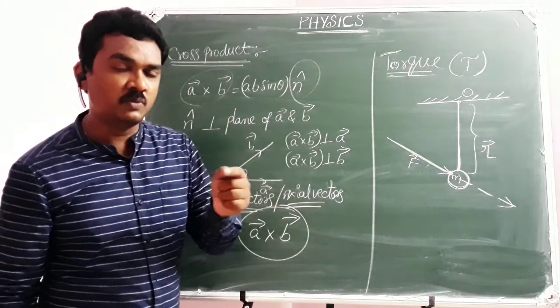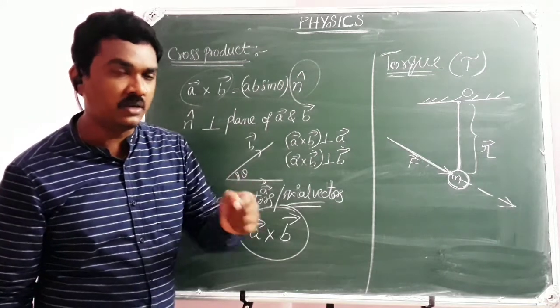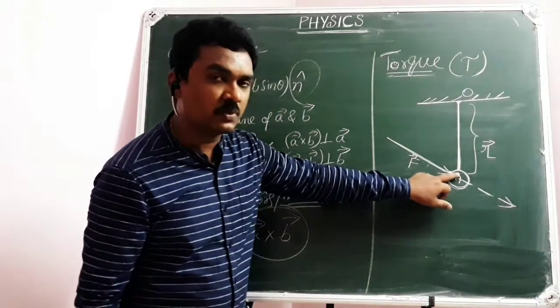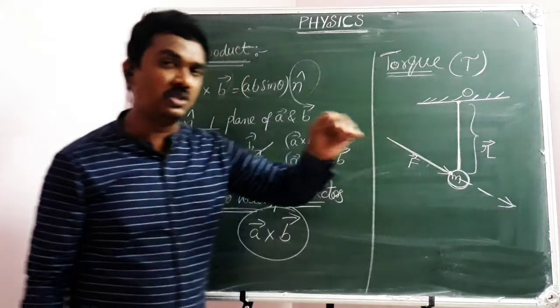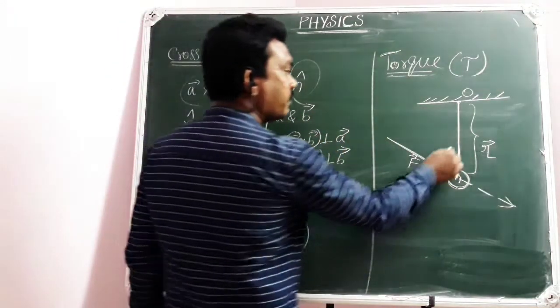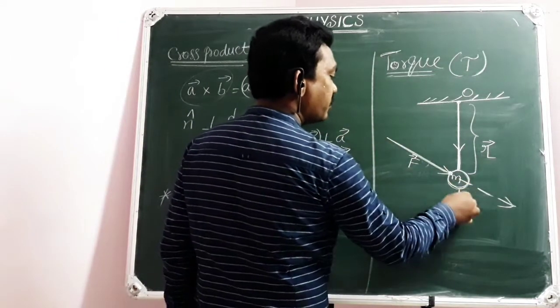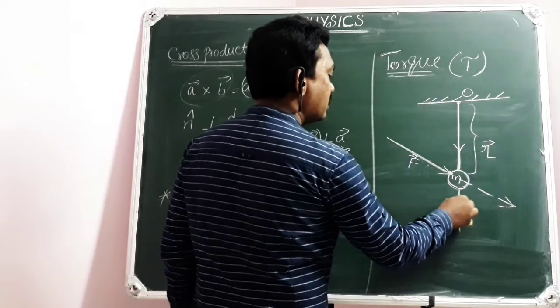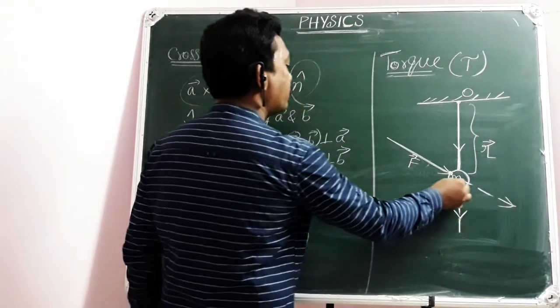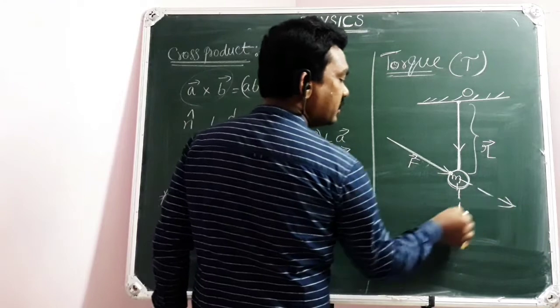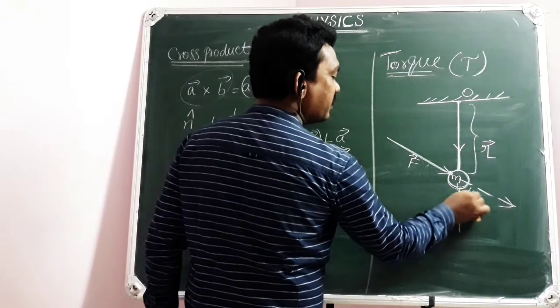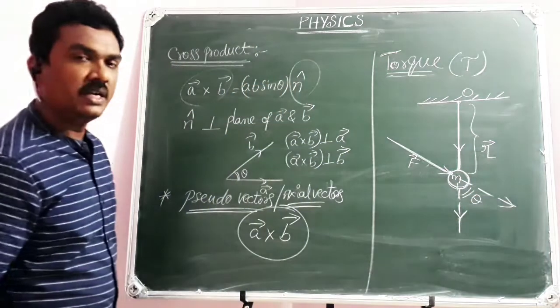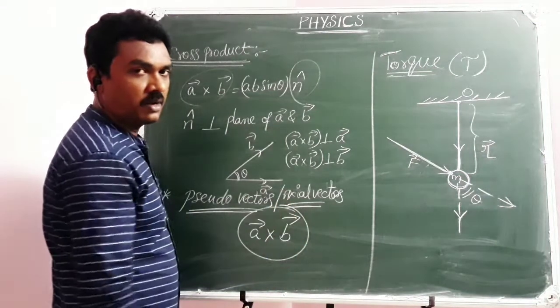Do you remember? With respect to the origin, or a fixed point, any position can be expressed in terms of a vector known as the position vector. So this is R bar, which is away from the fixed point. You learned the position vector in the earlier classes on vectors itself. So this is F bar and this is R bar, and theta is the angle between F bar and R bar.